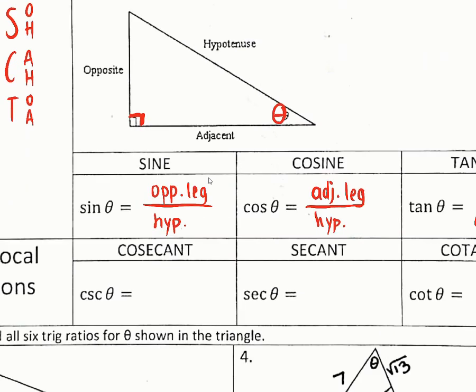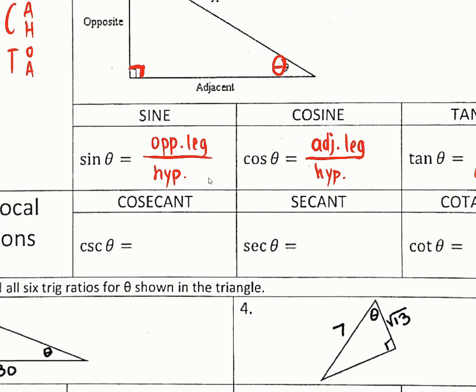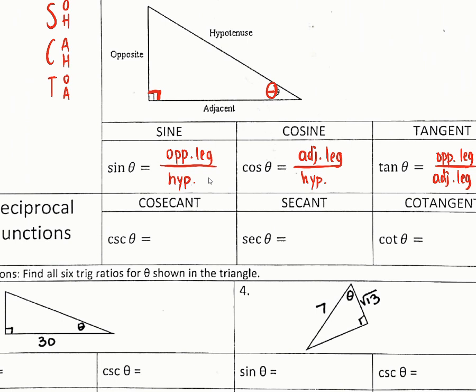Now, you also have these things we call the reciprocal functions. The reciprocal functions are, I guess, a little harder to remember. You kind of want them to look the same, like tangent and cotangent. Those are easy. But the reciprocal function for sine is cosecant. So listen, if sine is opposite over hypotenuse and cosecant is the reciprocal function, what do you think we do?